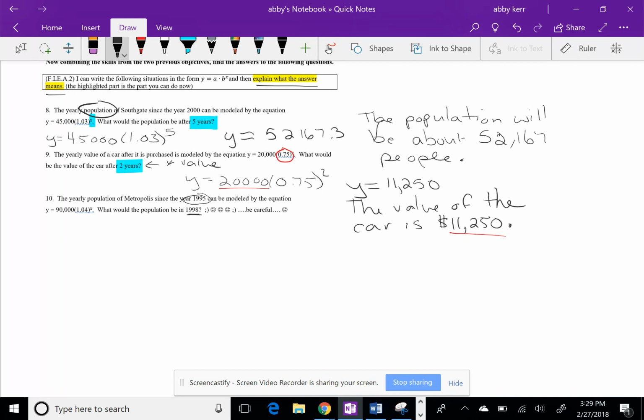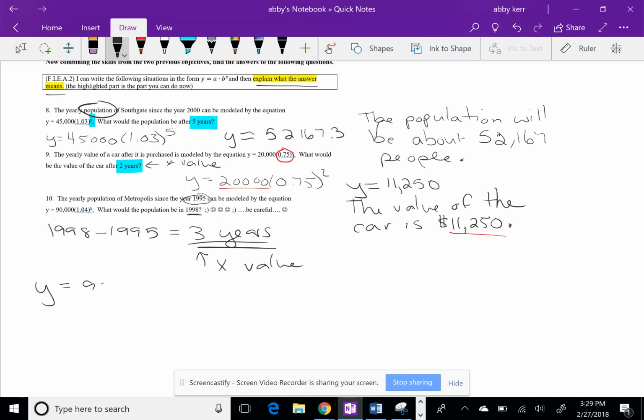But here it says, what would the population be in 1998? So you have to subtract the years. So 1998 minus 1995 equals 3 total years. So that is what you're going to put into your x value.